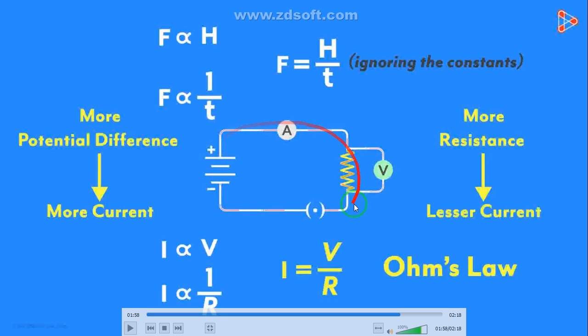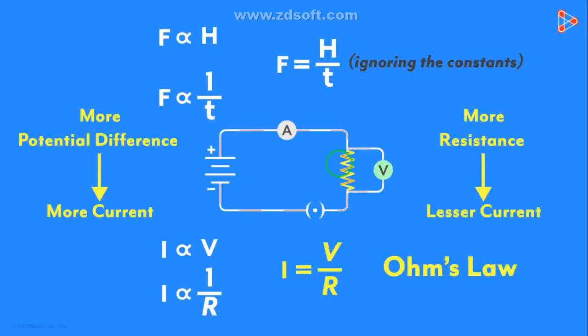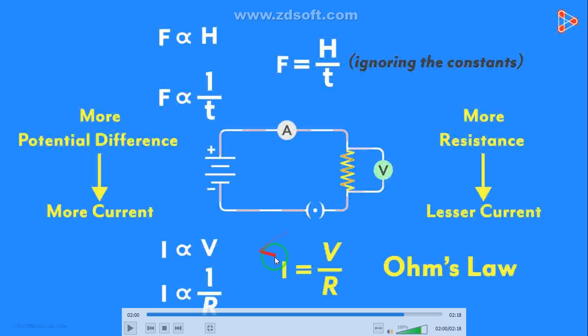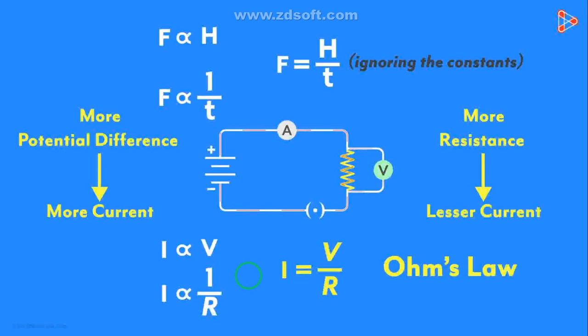That means the current flow depends upon the voltage, I is directly proportional to V. This direct proportionality will be replaced with a constant, resistance R. That is V is equal to I into R. R must be kept constant, then only Ohm's law will be satisfied. To keep R constant, the temperature must be kept constant. That means V is directly proportional to I, V is equal to I into R.